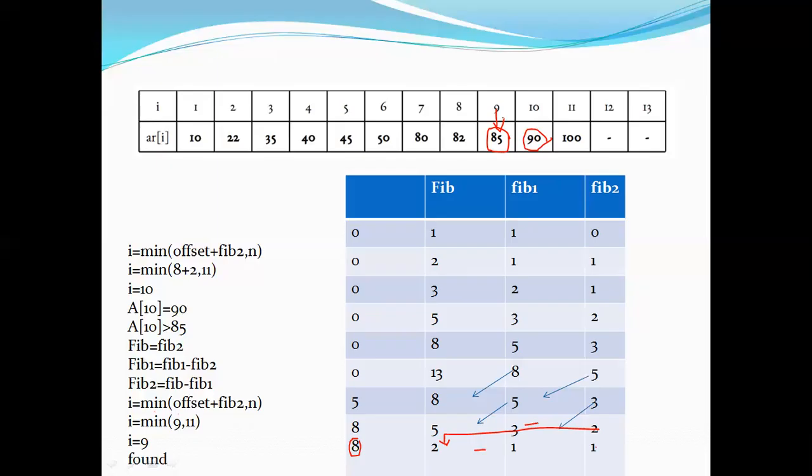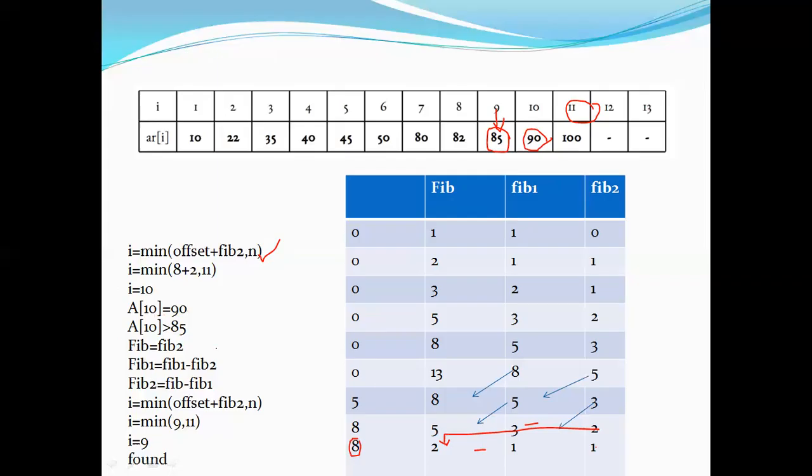So what we did here: every time, first of all, up to the array size, we need to fix the fib1, fib2 and fib values. After fixing, using this formula we need to calculate. Each time we calculate, we substitute in I, that is the array A, and find the value. If the value is greater than or less than, according to that we need to act.